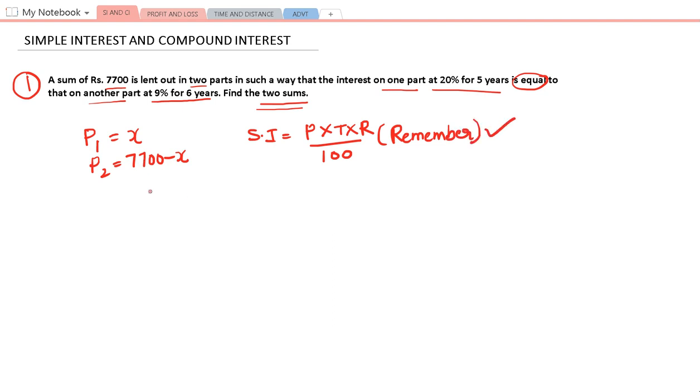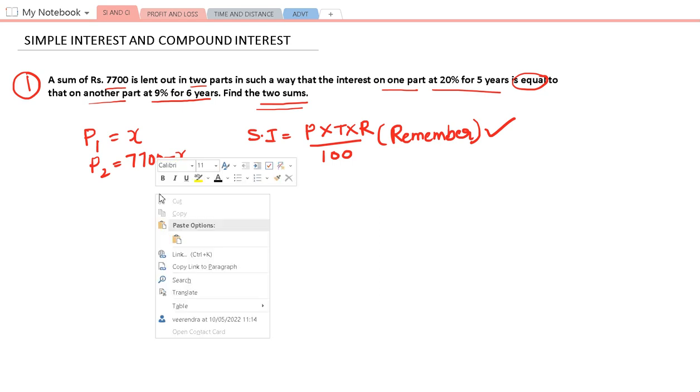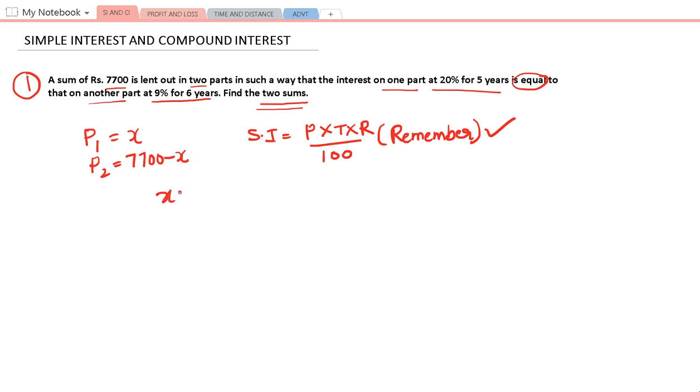So the first part x into 20% into 5 years by 100 is equal to 7,700 minus x into 9 into 6 by 100. From here everyone has understood, right?